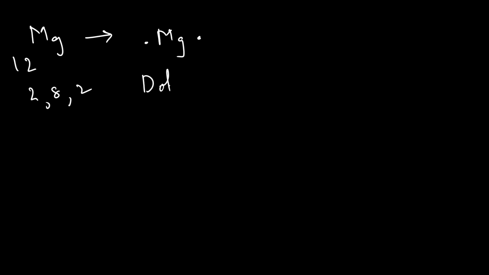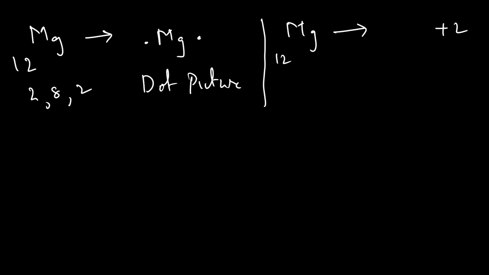On the other hand, take magnesium, atomic number 12, configuration 2 8 2. It has only 2 electrons in the outermost shell, and this is the electron dot picture. If magnesium loses 2 electrons, it gains 2 units of positive charge.